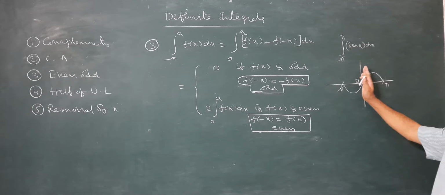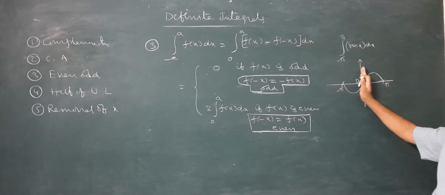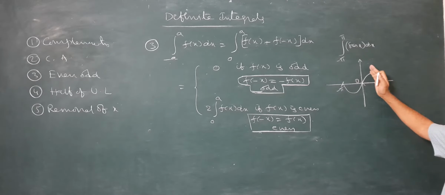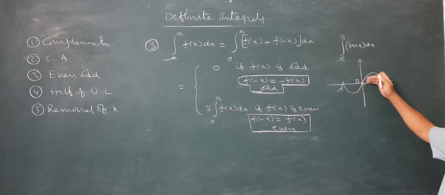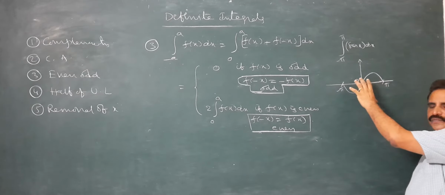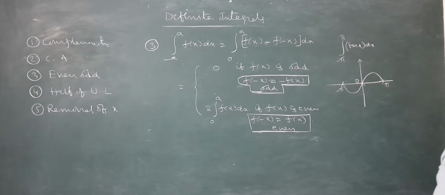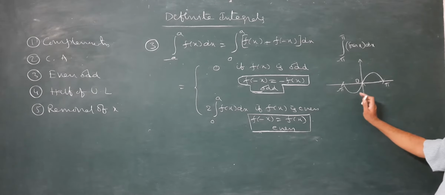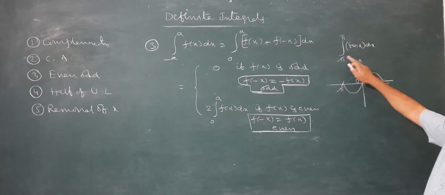It is skew symmetric. Every odd function is skew symmetric. Skew symmetric means if it is down on one side, the other side is up, and if it is up, the other side is down. If it is an odd function between minus pi and pi, the function is like this.